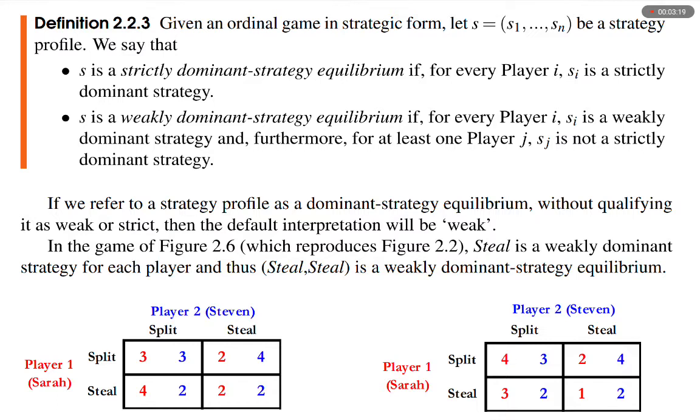We say that: 1. s is a strictly dominant strategy equilibrium if for every player i, s_i is a strictly dominant strategy. 2. s is a weakly dominant strategy equilibrium if for every player i, s_i is a weakly dominant strategy, and furthermore, for at least one player j, s_j is not a strictly dominant strategy.